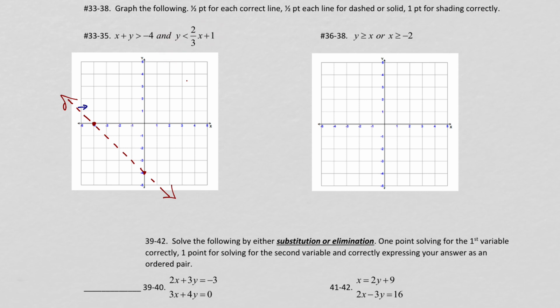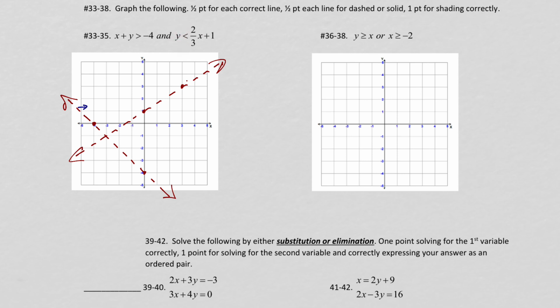This is in slope-intercept form. My y-intercept is positive 1, and I'm rising 2 and running 3. There's no equal sign, so this is also a dashed line. We have to consider y because it's the only variable to the left, and this is positive, so we follow this. We go down.